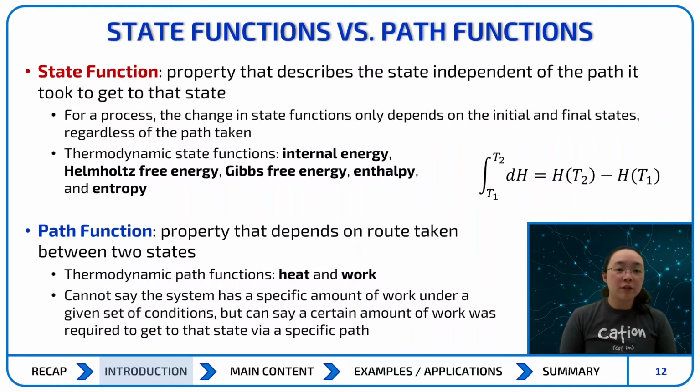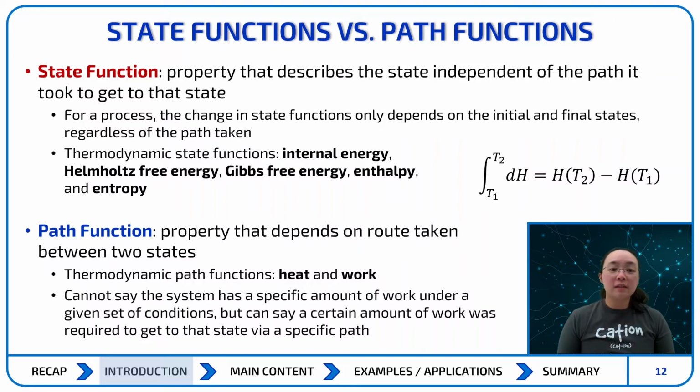So a state function is basically a property that describes the state independent of the path it took to get to that state. So before I begin explaining what a state function is, I want to say that there are basically two types of functions that can describe the state of something: state or path functions. The state function is a property that describes the state without depending on the path that it takes, whereas the path function does depend on the path taken to get between two states.